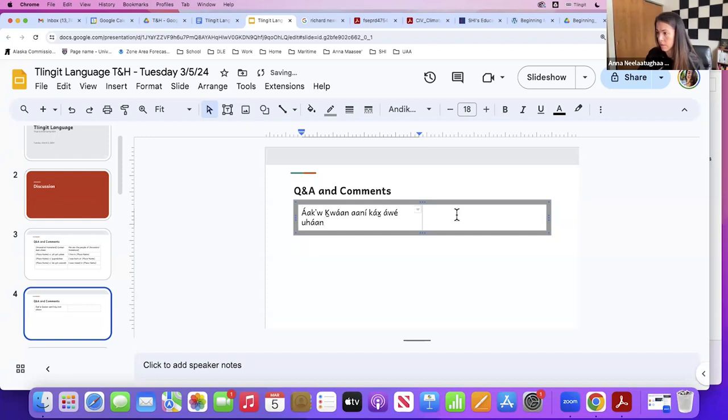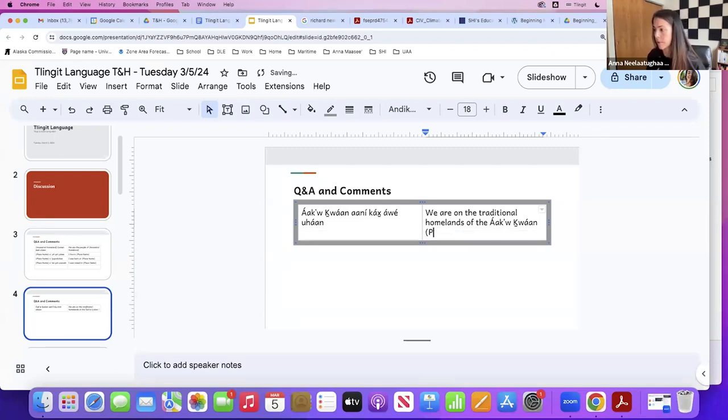We are on the traditional homelands of the Kwan. And then a literal translation of Kwan is people of the little lake, I guess.